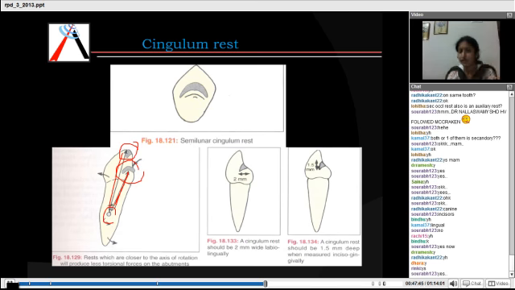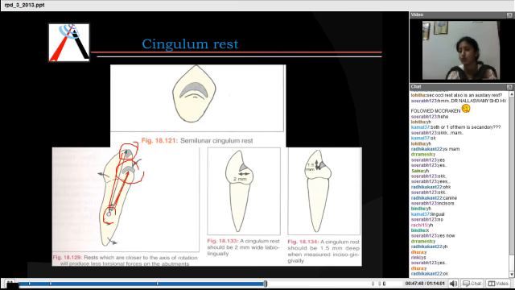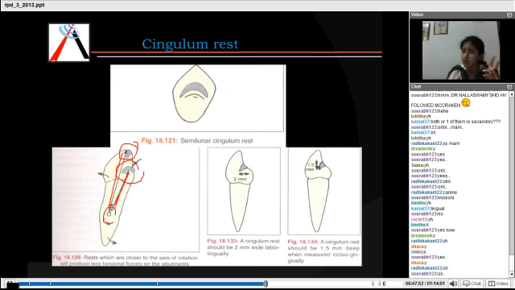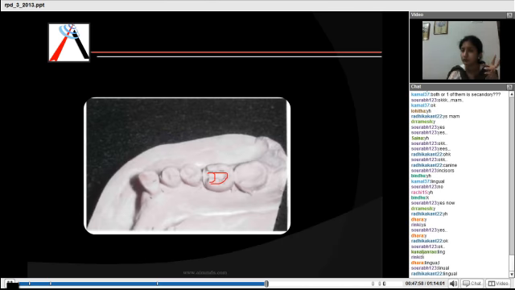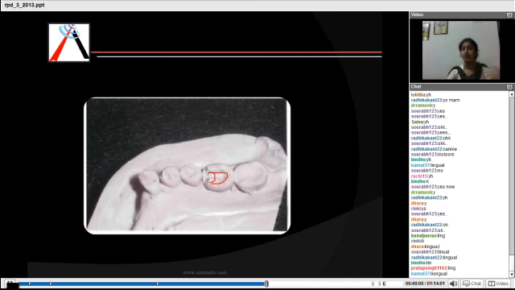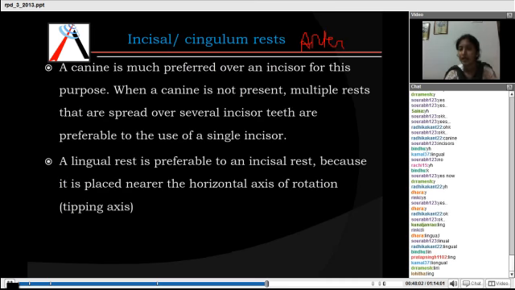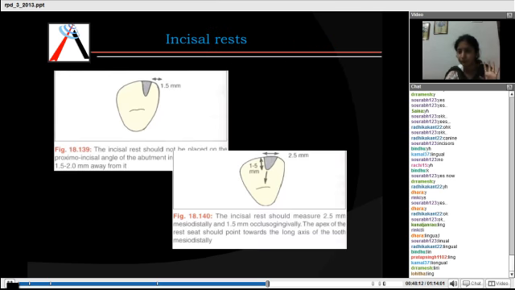So you want a rest which is closer to the axis of rotation. Which one is closer, the lingual rest or the incisal rest? Yes. So a canine is preferred over an incisor and a lingual area is preferred over an incisal area. These are the two things they are saying. Got it?